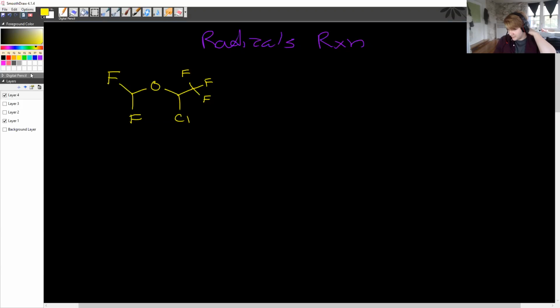They used to be used as refrigerants and stuff like that. If you look at drug structures and see lots of chlorines, fluorines or bromines in them, we're putting on halogens. One of the ways of halogenating something is with these radical reactions. So with that in mind, let's just dive in.